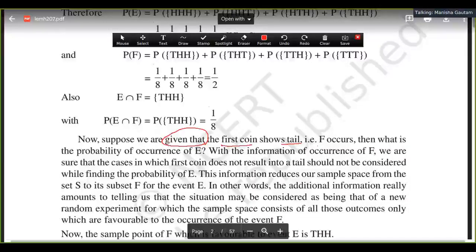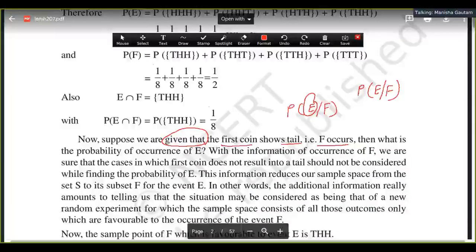It means we are talking about the occurrence of event F. Then what is the probability of E if F has already happened? We write it like this: we want the probability of E slash F, that is, the probability of E if F has already happened.